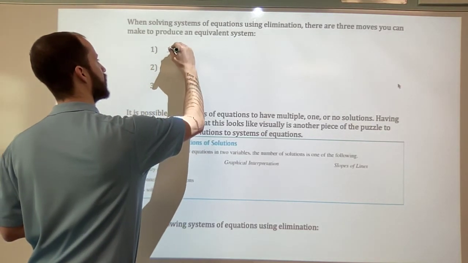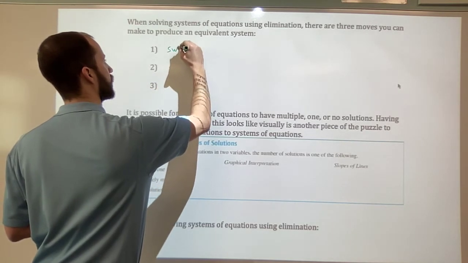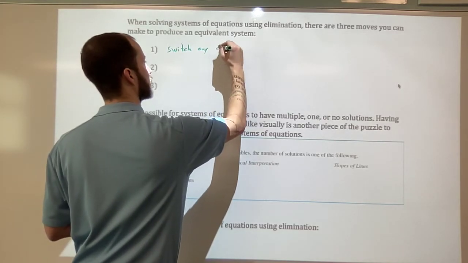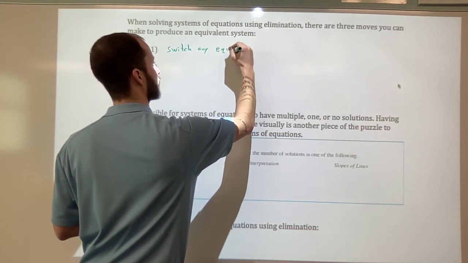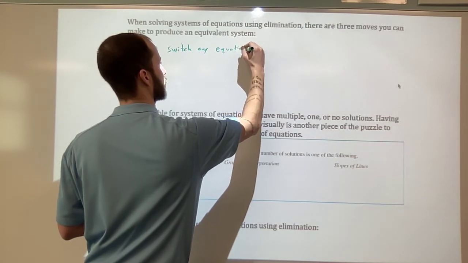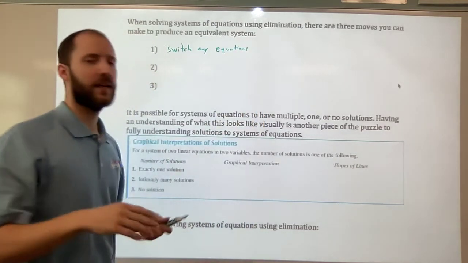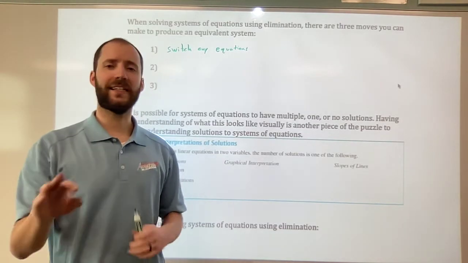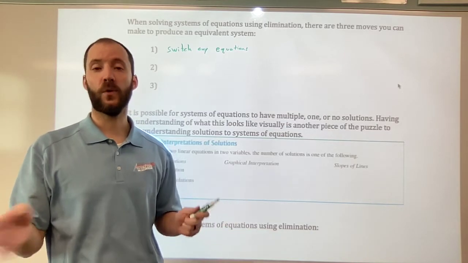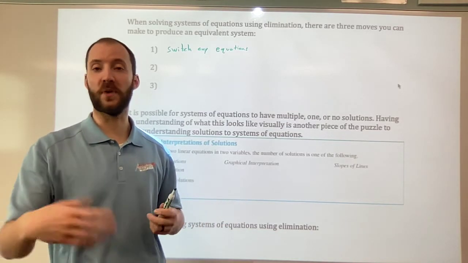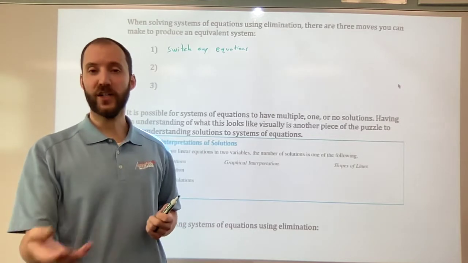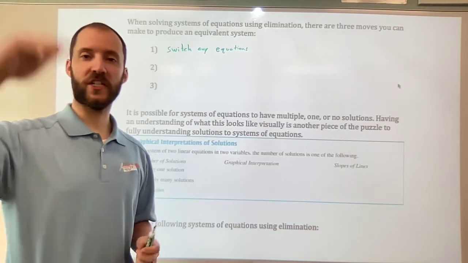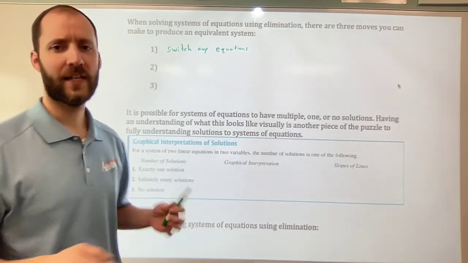You can switch any equations. So this is like make the first equation second, the second first. This isn't very useful with only 2 equations comprising a system. Later, when we look at 3 equations, 4 equations, 5, switching the order can be beneficial. Not so much right now.